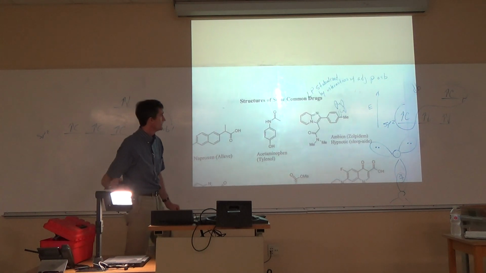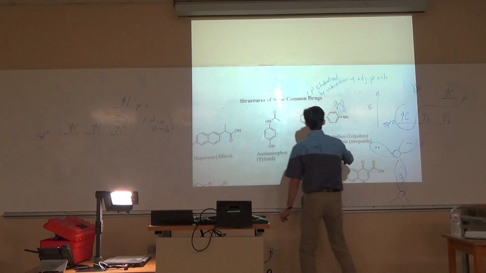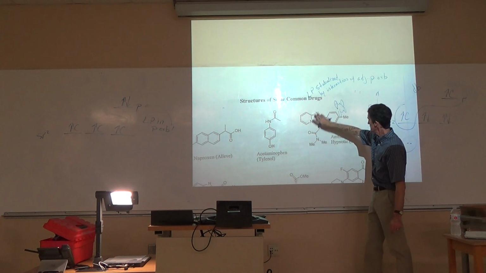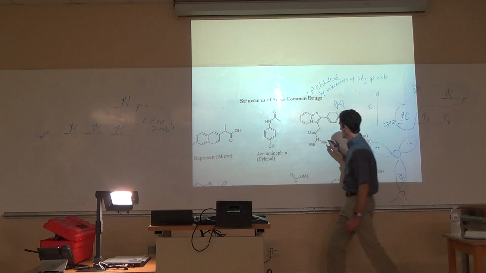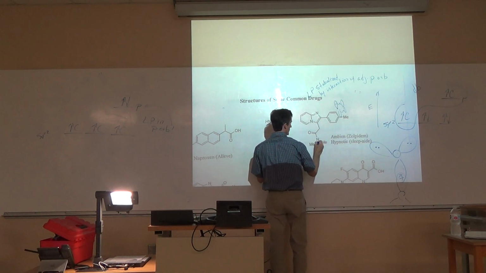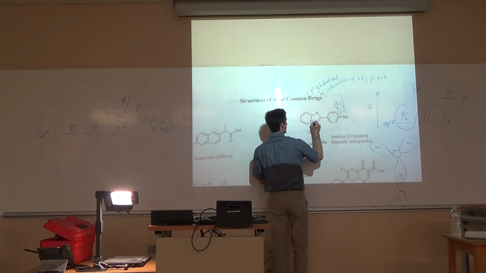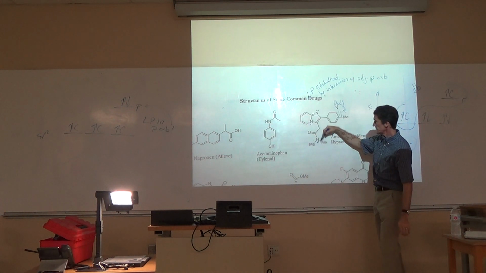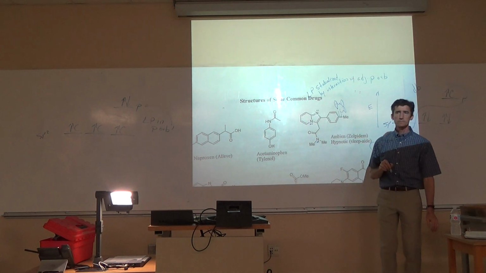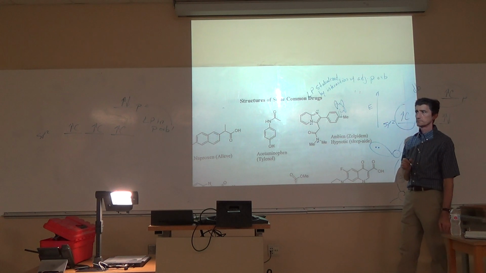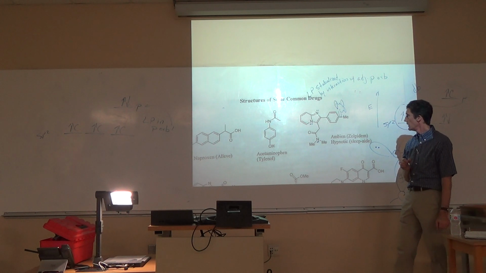Let's look at these nitrogens here. Lone pair, lone pair, lone pair. Important question here would be, which lone pair of the three is in a p orbital? Well, let's do this.